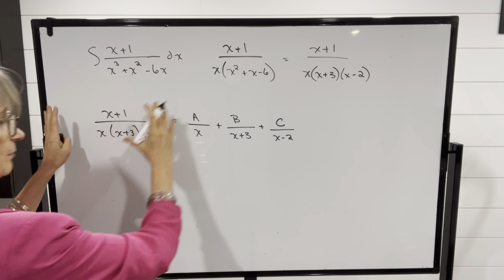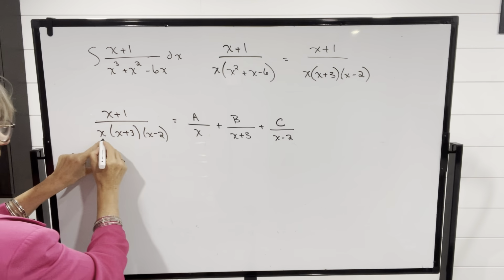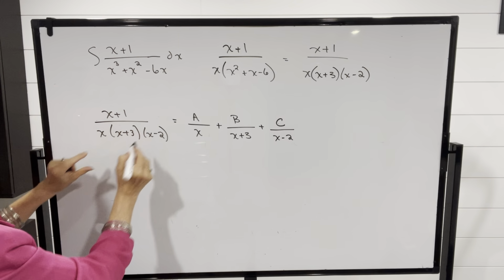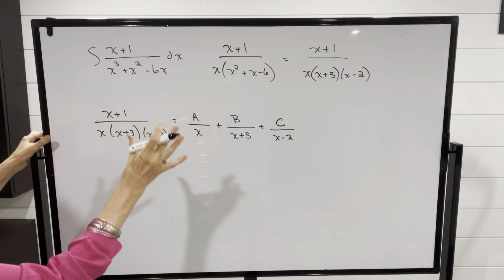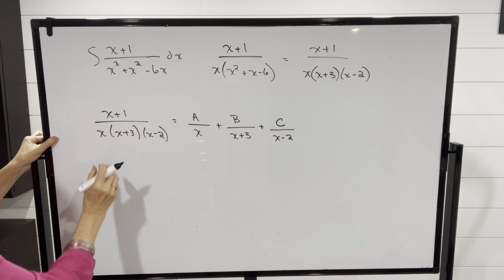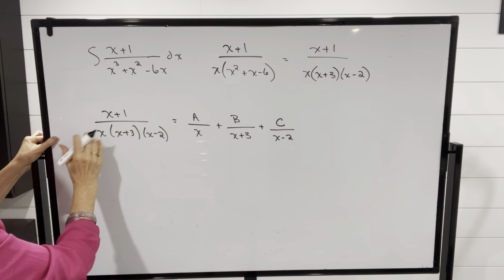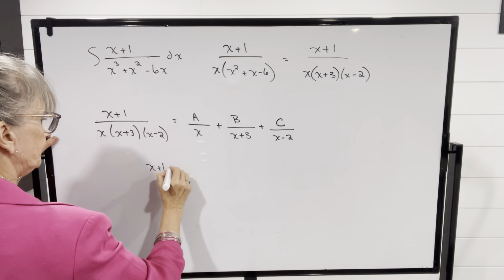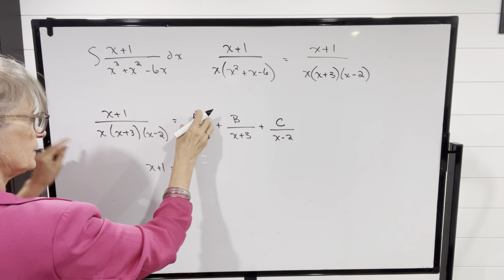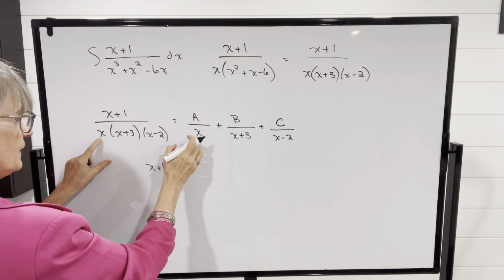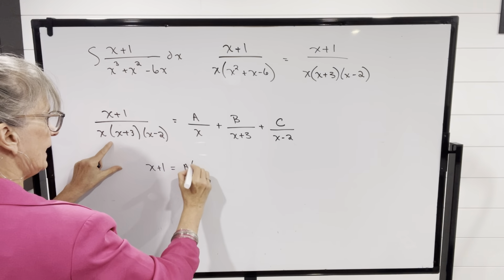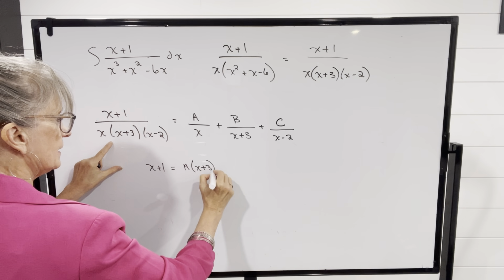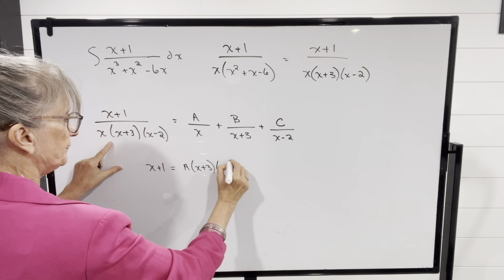I'm going to multiply both sides of the equation by this whole denominator. I'm not going to show it this time because it's just going to get too messy. But when I multiply this side of the equation by this, everything will cancel and I'll be left with the numerator, which is x plus 1. When I multiply this fraction by this, the x factor will cancel and I'll have a times x plus 3 times x minus 2.